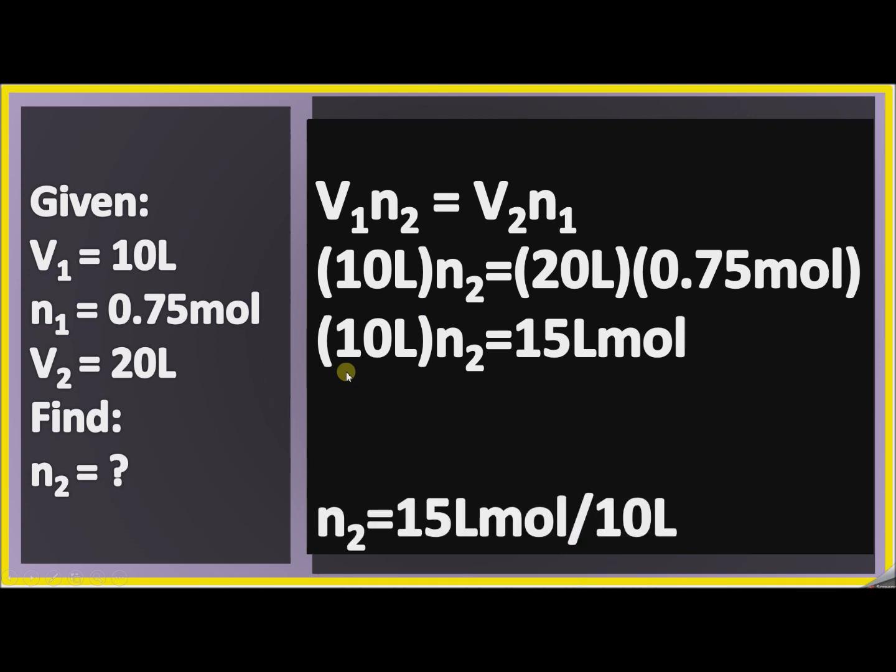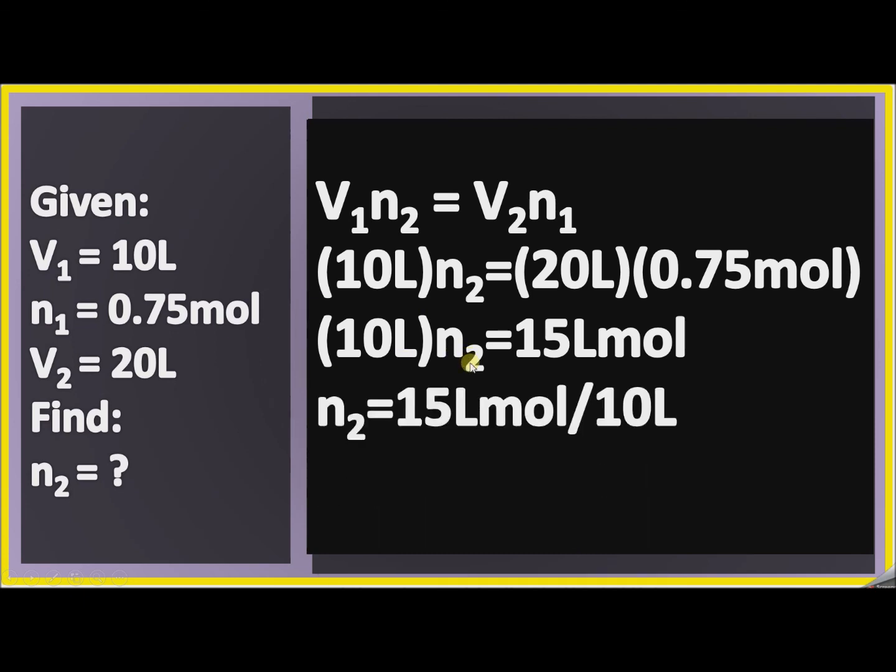Okay? Matitira yung n. And sa kabila is 15 liters times mole divided by 10 liters. Okay? And then, 15 divided by 10 is 1.5. Liter mole divided by liter is cancel yung liter. Ang matitira ay mole. Okay?